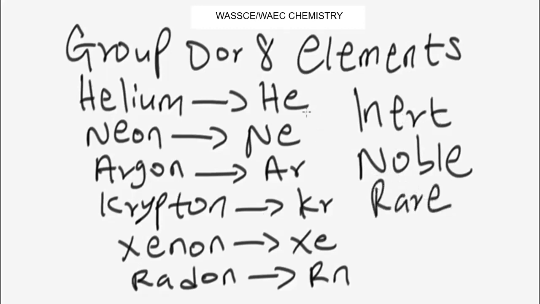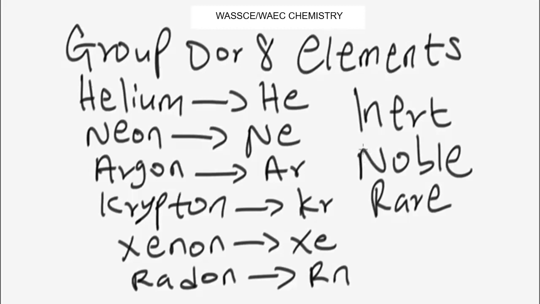The next thing you have to know is that noble gases have 8 electrons in the atomic shell, apart from helium, which has 2 electrons in its atomic shell. This shows us that they are stable gases because their atomic shell is completely filled with electrons.